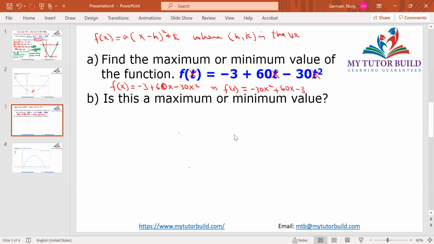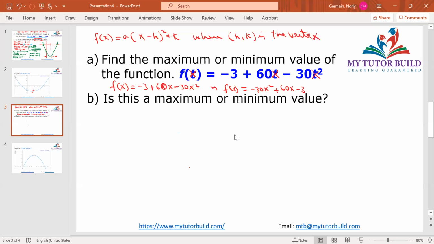If you want to see how you can convert a quadratic function to a standard form with the vertex h, k, you can watch other videos that I already recorded and posted on the same platform, My Tutor Build. Feel free to watch any of them, or you can send me an email in the description below, and I will definitely reply to you with more videos or probably something on paper.